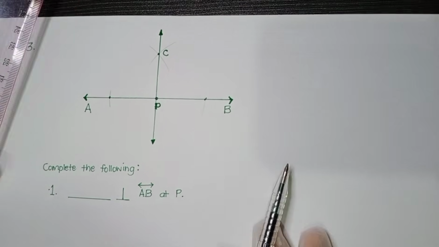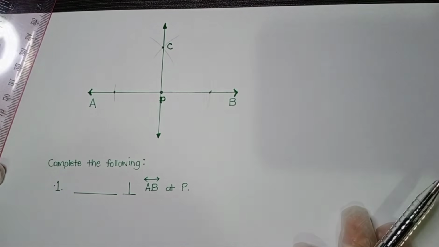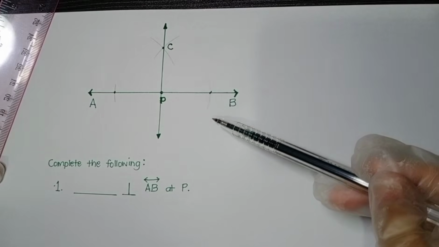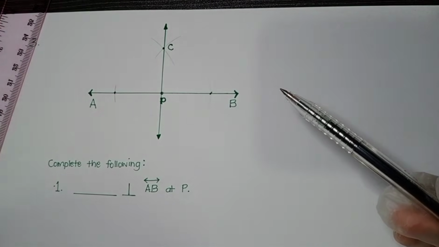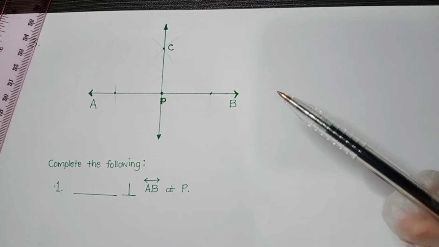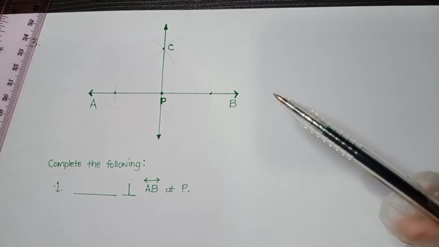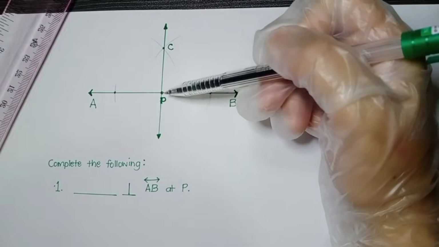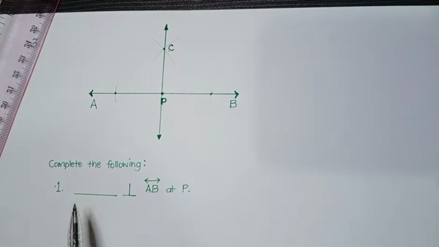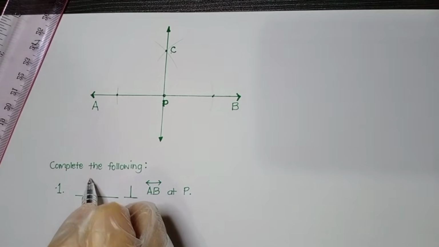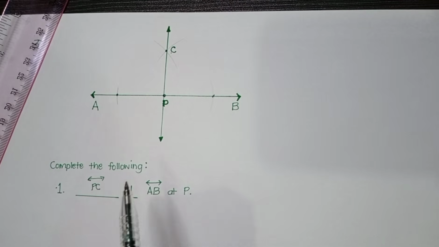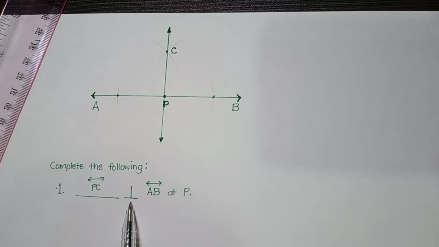Okay, so let us complete the following. So, from the given construction, okay, from the given illustration, so what can we conclude? Okay, so we have here PC is, so we have line PC is perpendicular to line AB.